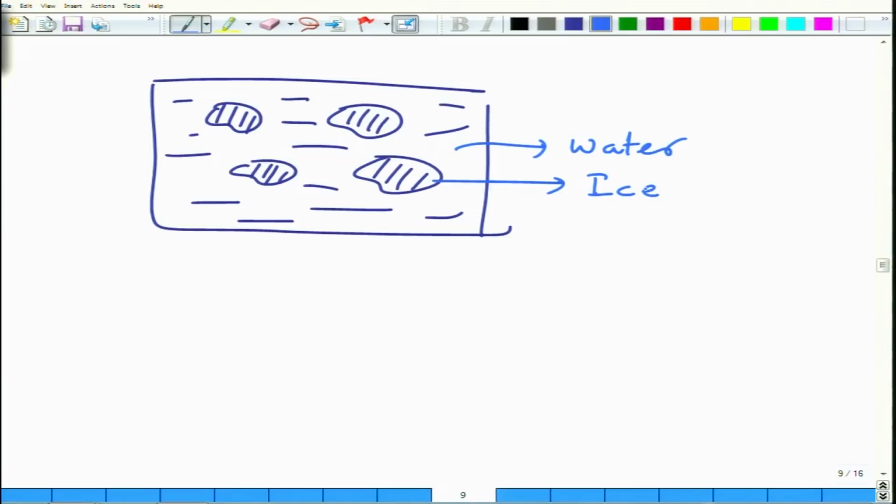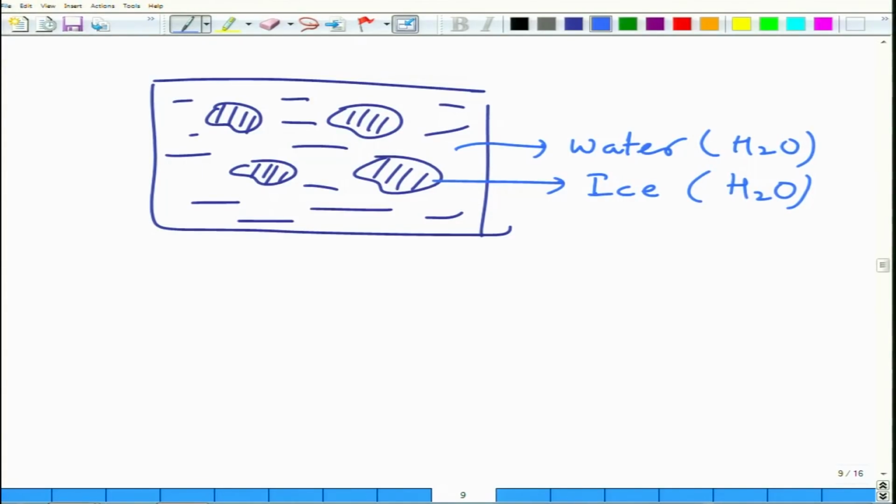Although the chemical composition of these is similar, this is also H2O, this is also H2O, but they are physically distinct from each other. As a result, they are two different phases. Although the chemical formula is the same for both of them, their physical characteristics are different, even the thermodynamic parameters are different. As a result, these are two different phases, and when they coexist with each other, it is coexistence of the two phases. Okay.